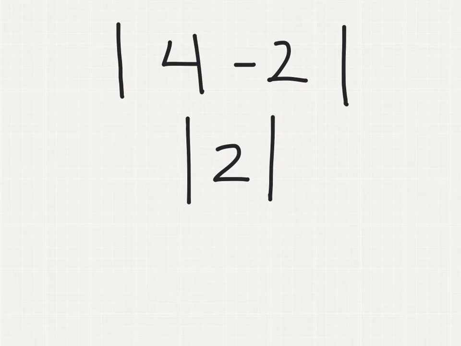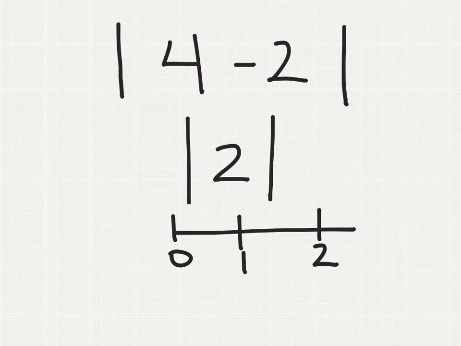So what is the absolute value of 2? Well, it's 2's distance from 0, or 1, 2. So the absolute value of 4 minus 2 is the same as the absolute value of 2, which is 2.